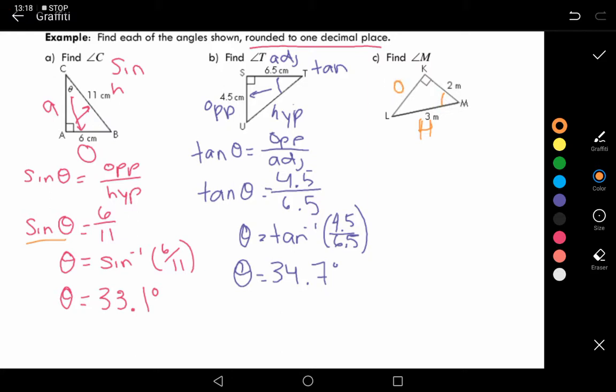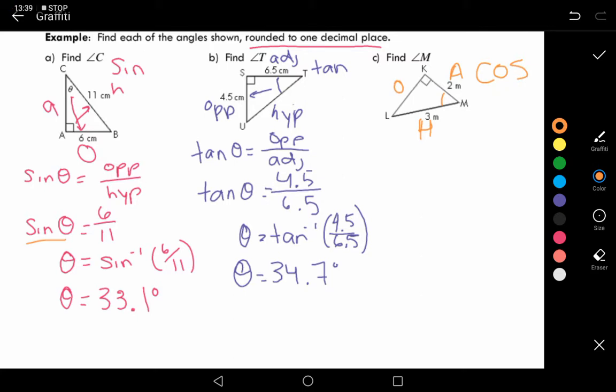And lastly, the one that is left over is always our adjacent. So this time when we're choosing our trig ratio in step 2, we need to have a trig ratio that involves the adjacent and the hypotenuse. Okay, so that is going to be cos. Again, you should see that because it's written on the top of your page there.